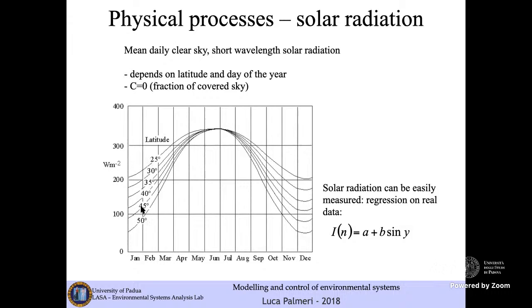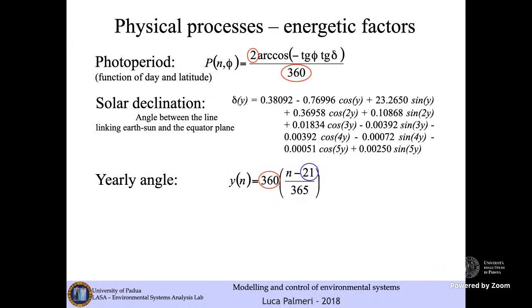So this is 50 degrees latitude and 25 degrees latitude. We have these different curves. It's nothing more than a graphical plot of this sinusoidal function.